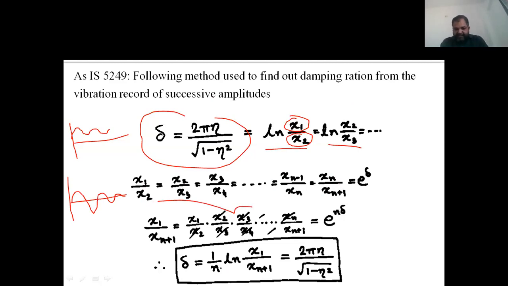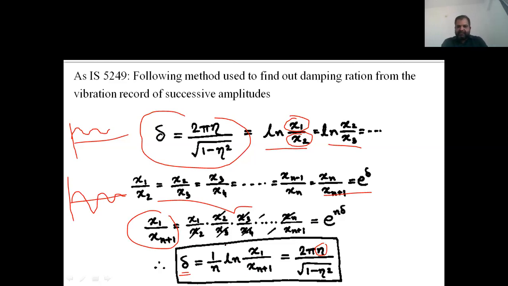If I simplify this based upon x1 upon xn plus 1, then n will come out, so 1 upon n ln x1 upon xn plus 1 gives delta. So from this equation you can find out the value of delta, which is the logarithmic decrement, and from the logarithmic decrement you can also find out the value of eta, or any other quantity if it is available.